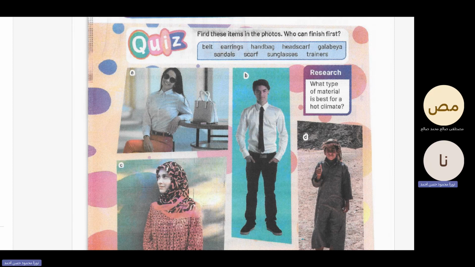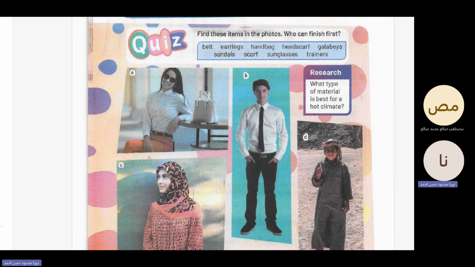Okay, the first one is belt, earrings, handbag, headscarf, galabia, sandals, scarf, sunglasses, and finally we have trainers. Excellent.